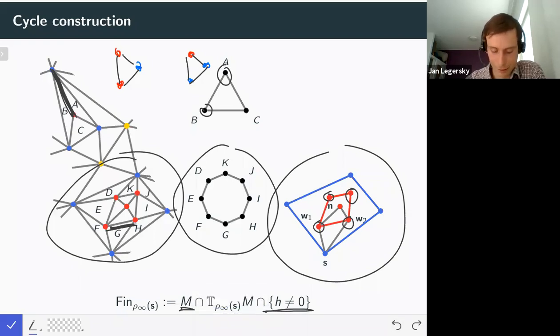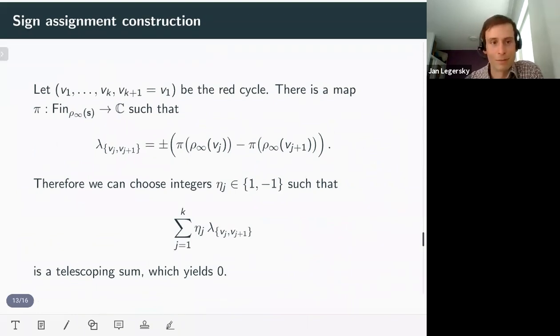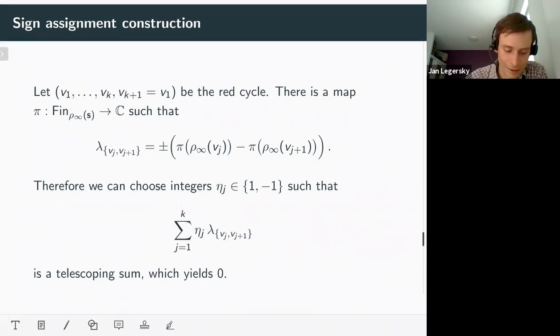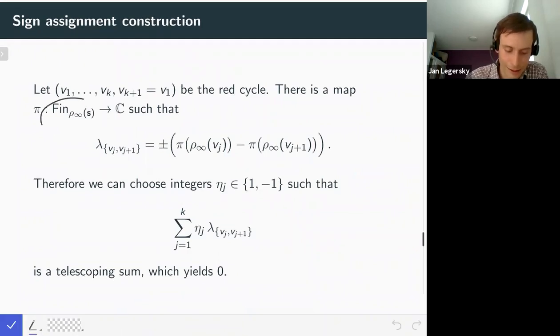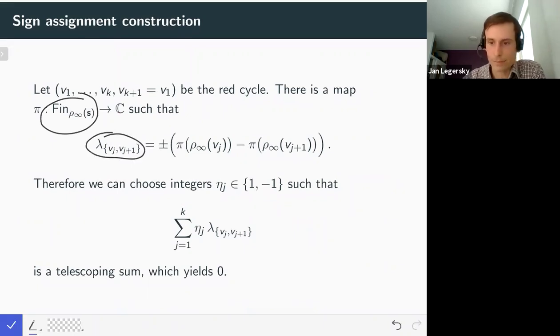which is a crucial part, using which technically one can show that if we have this red cycle, there exists a map from the set I mentioned on the previous slide to the complex numbers, such that the edge length between 2 neighboring vertices in my cycle is plus or minus this map pi rho infinity of Vj minus pi rho infinity of Vj plus 1.